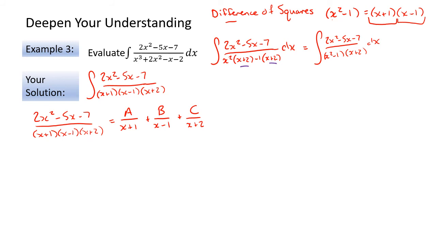So the same thing that we did in the past, we now need to remove the items in the denominator. And we do that by multiplying both sides by all three factors. So we're going to multiply by x plus 1, x minus 1, and x plus 2. If we do that, then on the left-hand side, these will all disappear, and we're left with just 2x squared minus 5x minus 7.